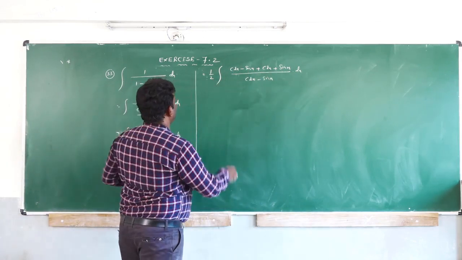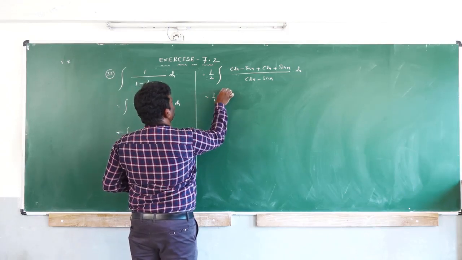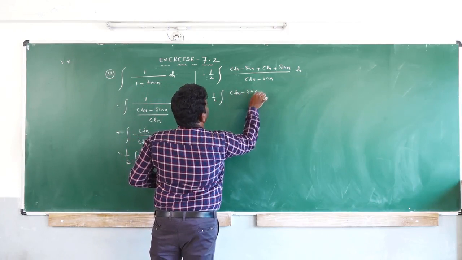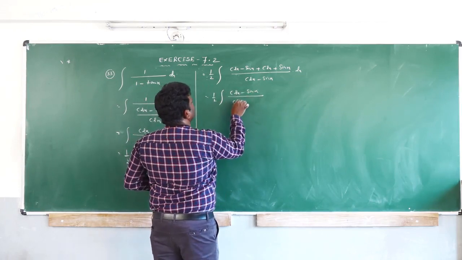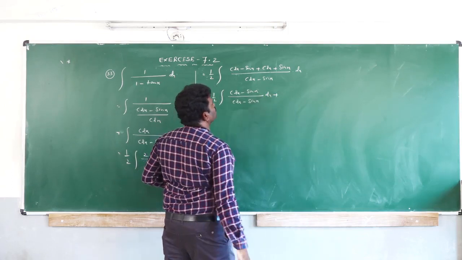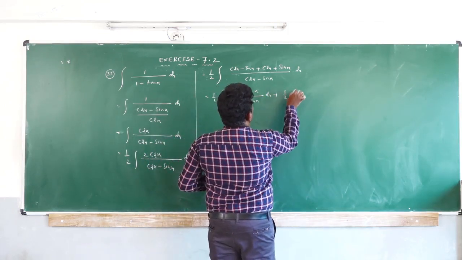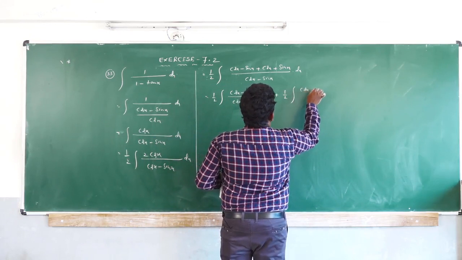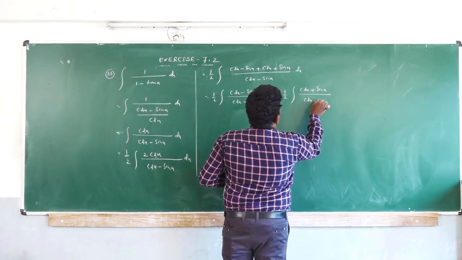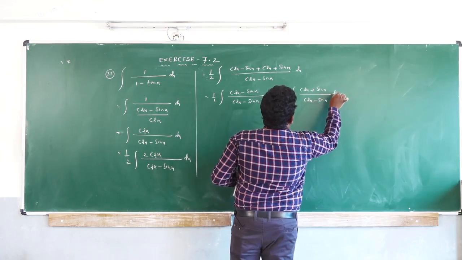Now if we separate the integration, we get 1 by 2 integral of cos x minus sin x by cos x minus sin x dx, plus 1 by 2 integral of cos x plus sin x by cos x minus sin x into dx.